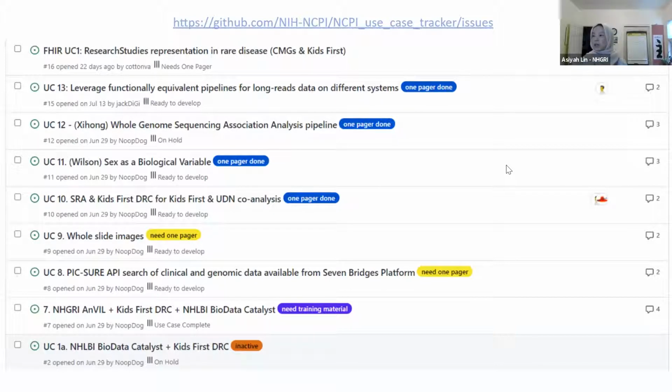So hopefully after this workshop, people who are creating or proposing potential use cases can come to this GitHub tracker to add new issues, and we will track them using ZenHub and this GitHub to add labels, and we will have a good view of how each use case is progressing.